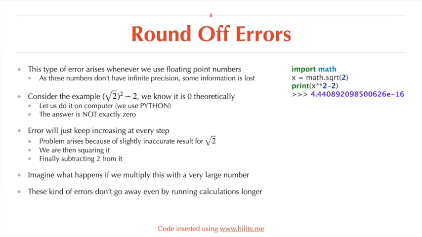Even if you keep on running your calculation, it doesn't affect that error. Yeah, because you can see here, the time does not really depend upon it. So even if you keep calculating your error for longer time, the answer will not change.